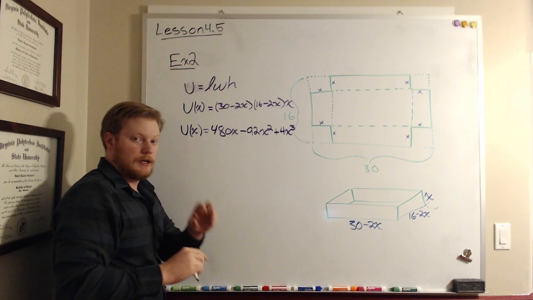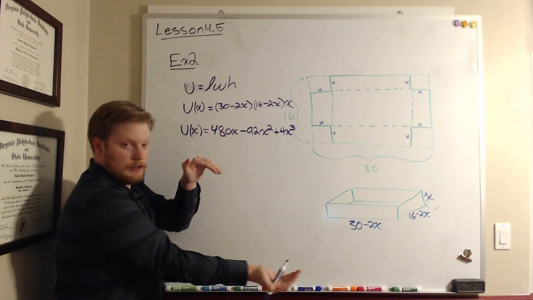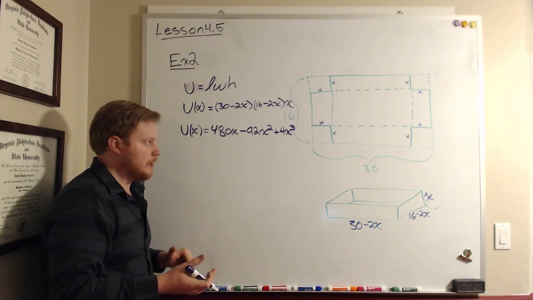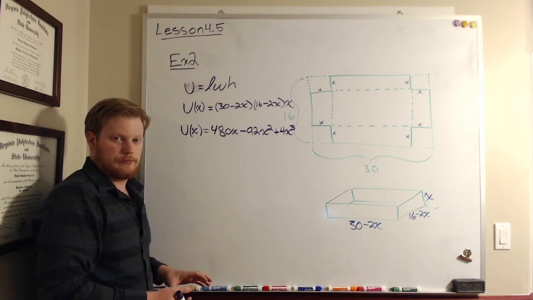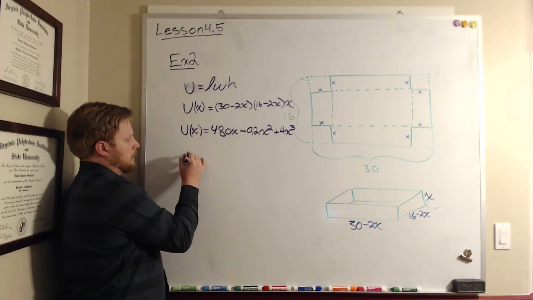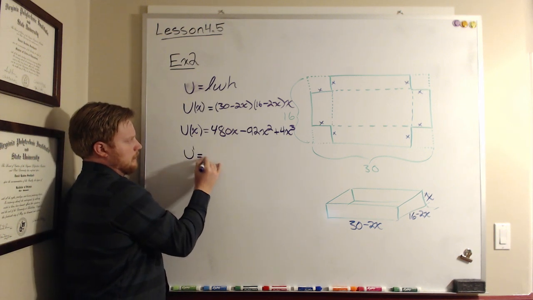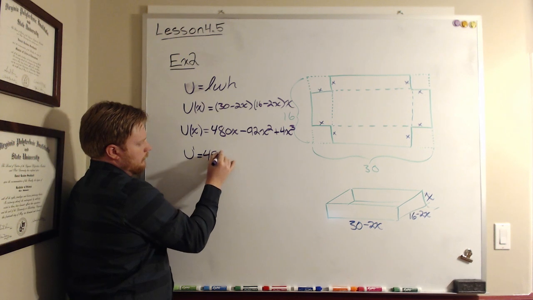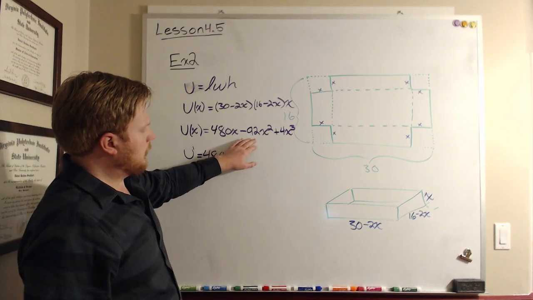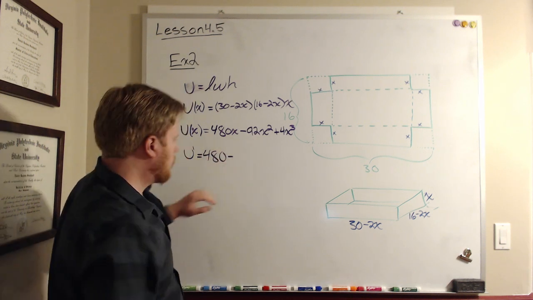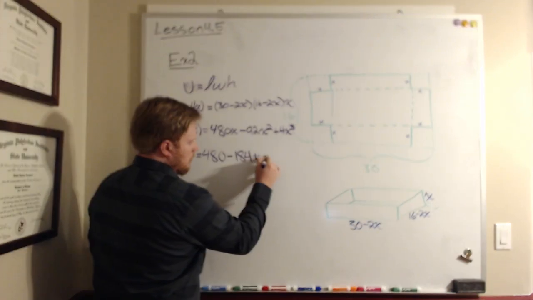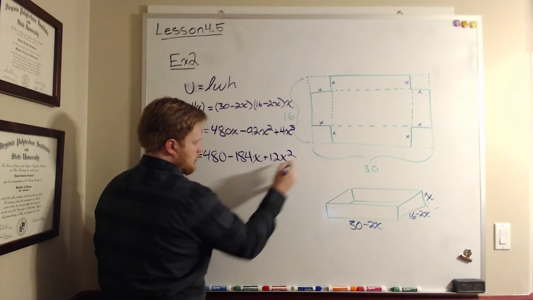Now this does have, it's going to have a max, it's going to have a min. So I might get 2 values and I have to determine which one is the best possible match, okay, based on the problem. So let's go ahead and find the first derivative of V. The first derivative of V is going to be 480 minus, was that 184, double check, 184x plus 12x squared.